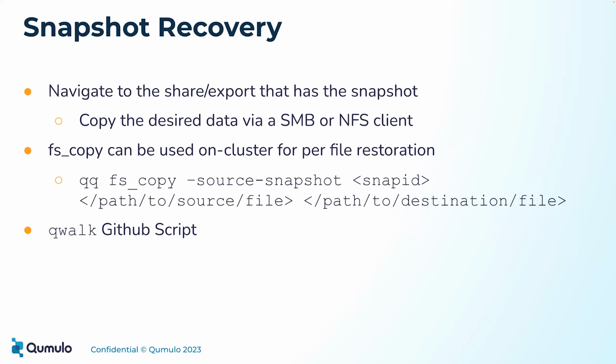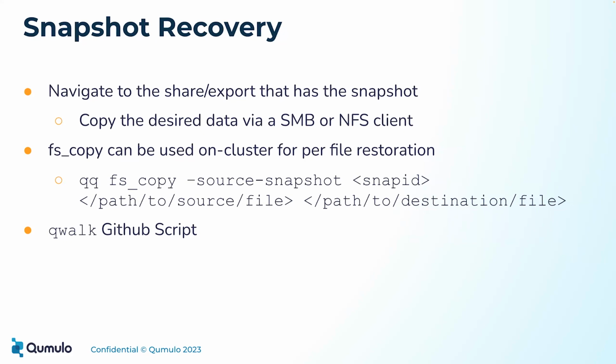If you have just a single file to pull back, we do have a QQFS copy command. Again, syntax is there on the screen. You can screenshot that, or we can post it in your channel later. Basically, you supply a source snapshot. In Joe's case, we're dealing with, say, 12. If we know the path to our file, we give it the path out there, and then the path to the destination.